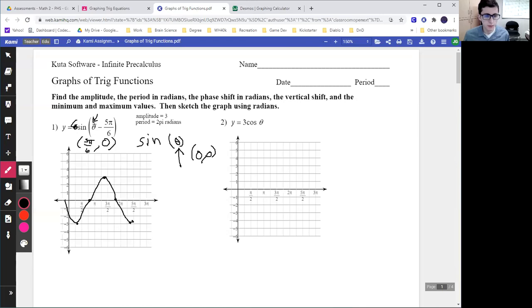That way, I get 5 pi over 6 minus 5 pi over 6 equals 0. And then sine reads that as sine of 0. So because of this minus 5 pi over 6, I have to put in a larger number on the independent variable, on the x.